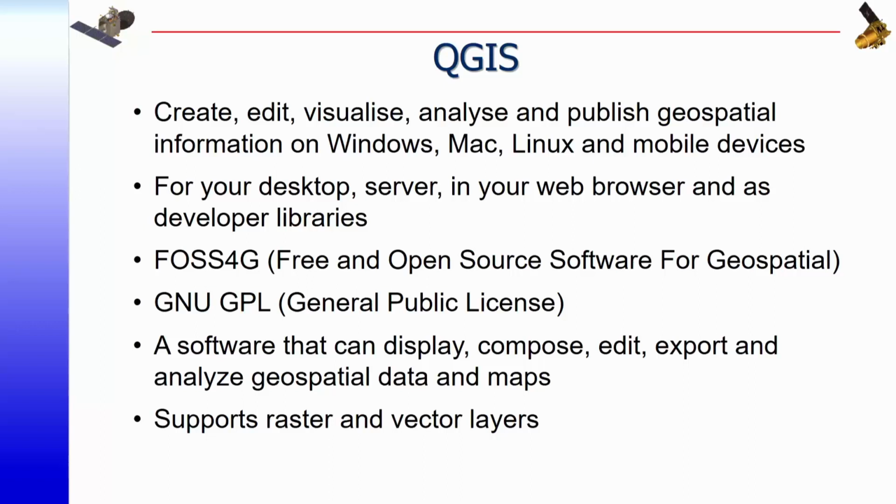It is a software that can basically work with any kind of raster and vector data. You can make maps, that is the basic thing that people do, cartography. You can create data.